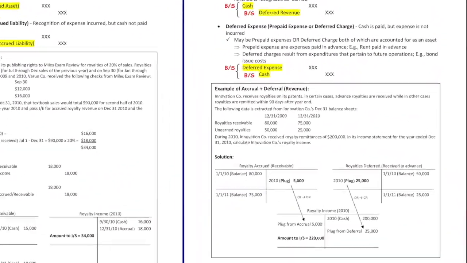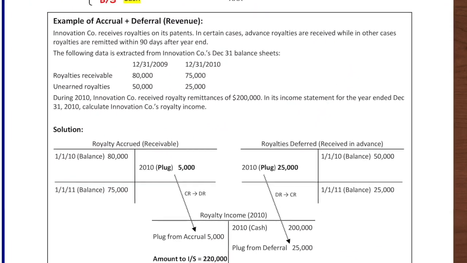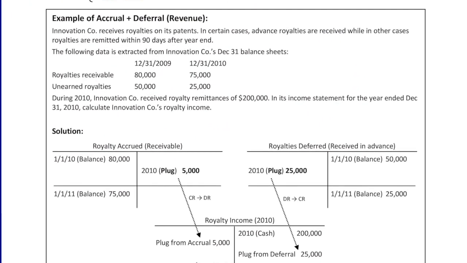We have the same example that we just solved on the board. So we looked at royalty accrued, that's royalty receivable, yet to receive, as well as royalties deferred, that's royalties received in advance. And we used the numbers from both royalty accrued and royalty deferred to calculate the accrual basis royalty income.